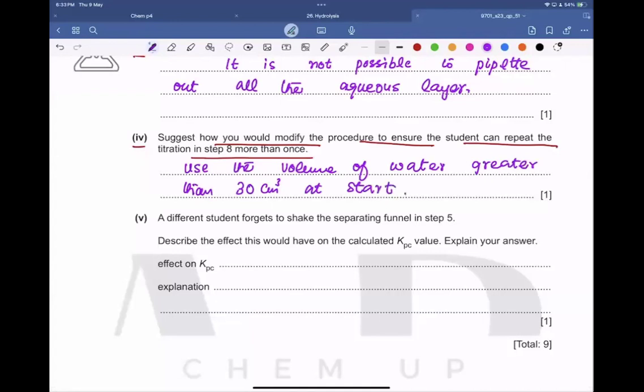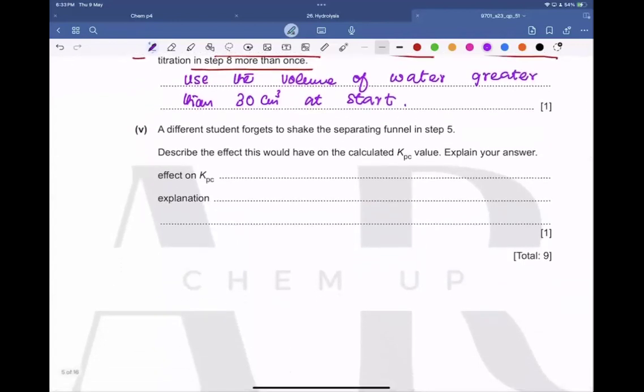We have added this water at the start. So at the start, we need to use more than 30 centimeter cube volume.